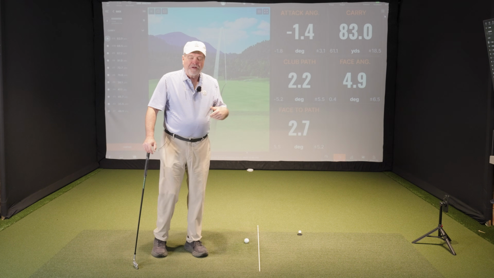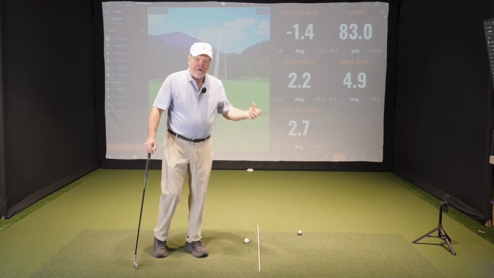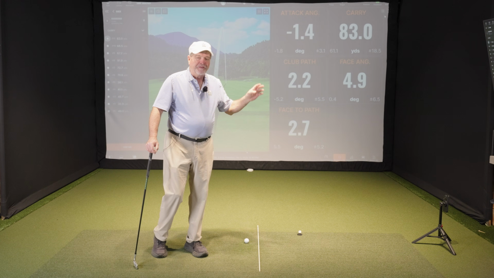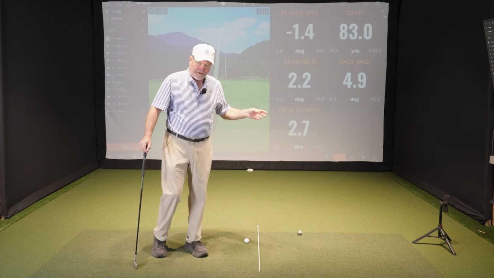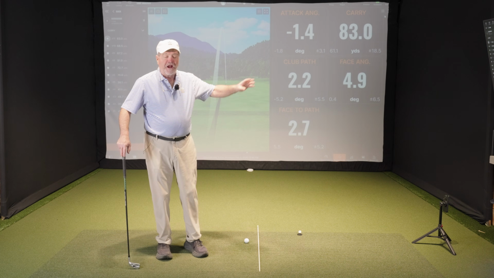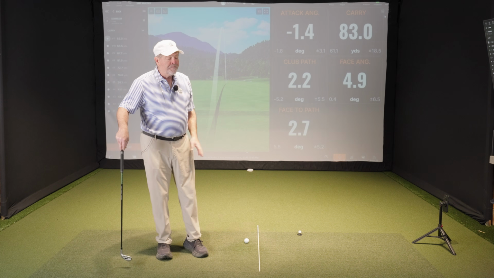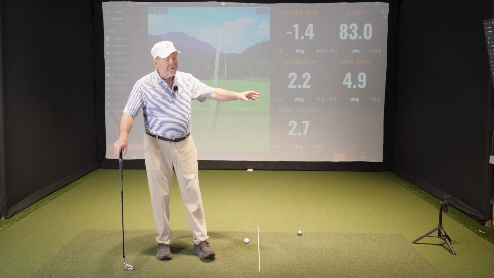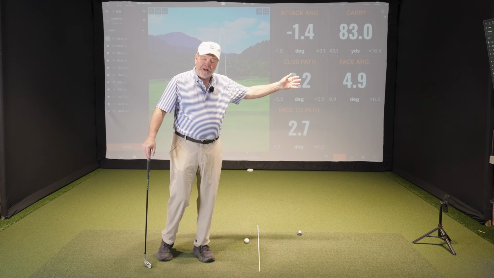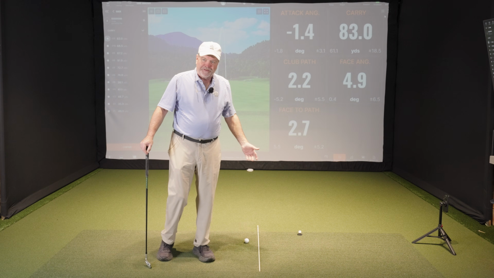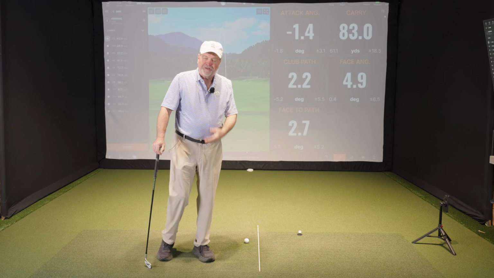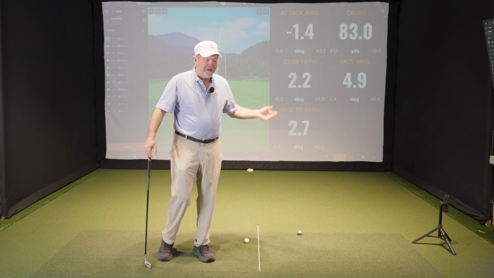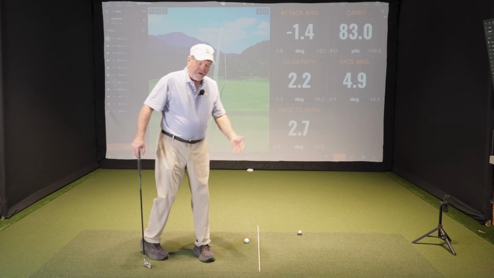But the closer we get to 0 on face to path, the straighter your shots are going to be. And for players that are trying to hit a draw every time, a right-hander would like to be -1 on face to path. And for players that are trying to hit a fade every time, they would like it to be +1.